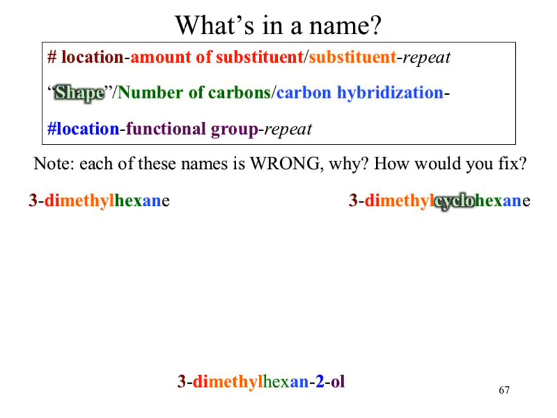I can get some information about the shape of the molecule sometimes. I can get the number of carbons specified in the name. I can even get information about the hybridization. And then the numbered location and functional group, or higher order functional group for an individual molecule.